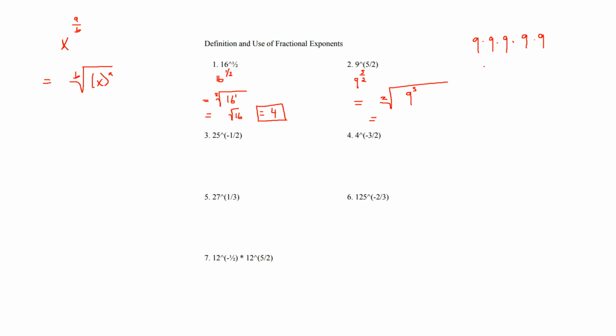So you could pull out 2 pairs, which means it's going to be 9 times 9 times the square root of 9, which means it's 81 times 3, which is 243. So that's your answer.